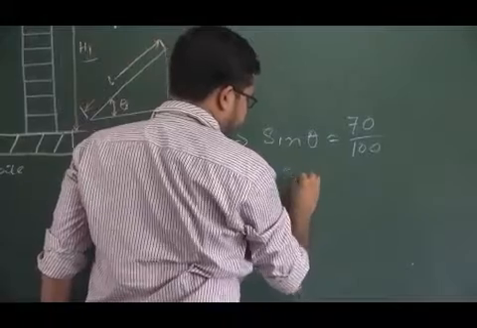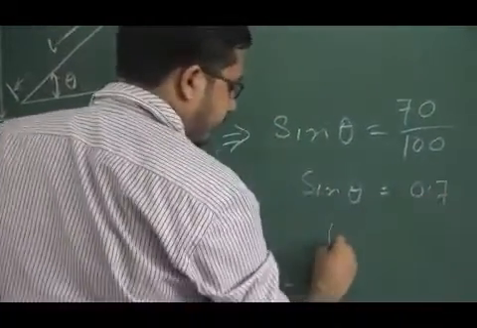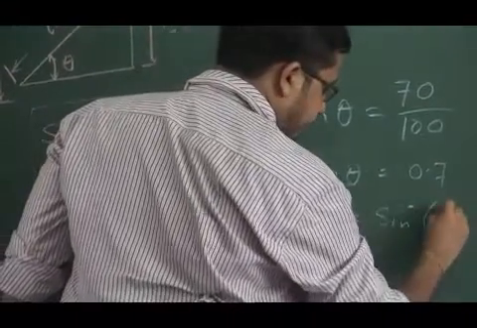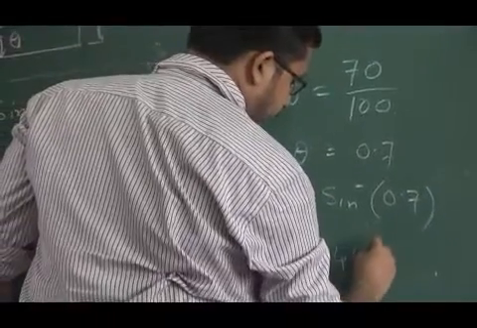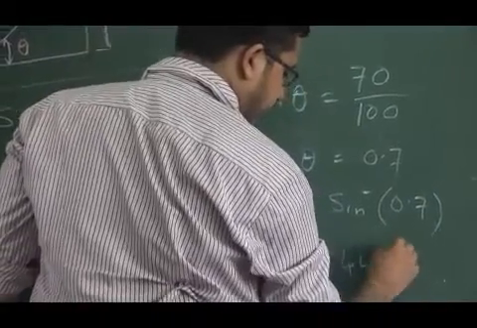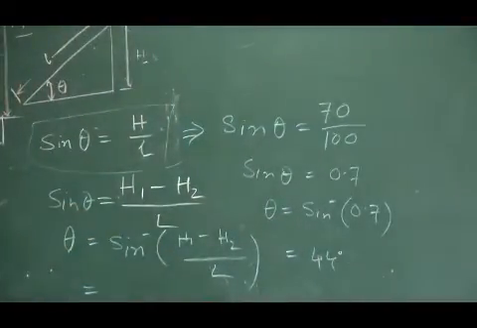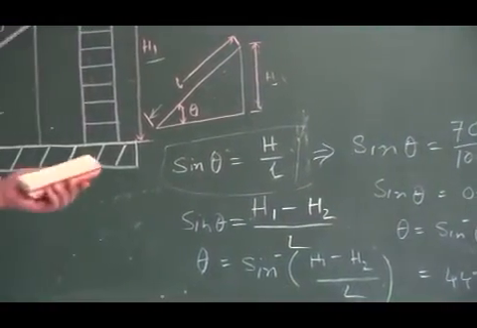So sine theta equals 0.7. If we take the inverse sine of this value, we get near about 44 degrees. You can calculate this with your calculator to get the value.